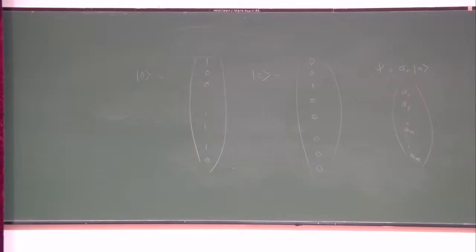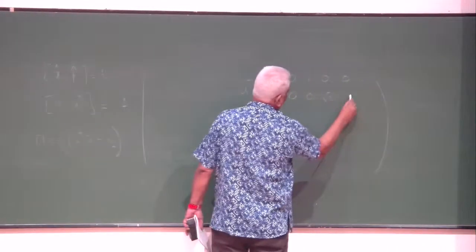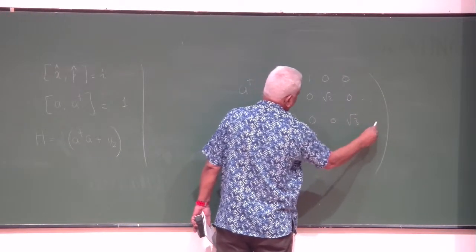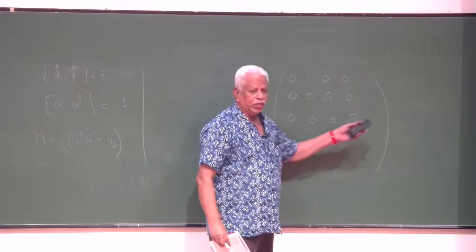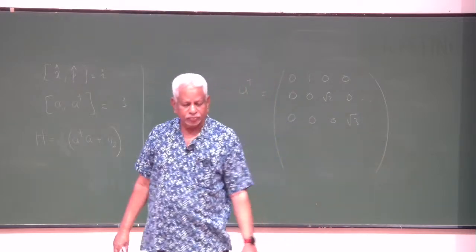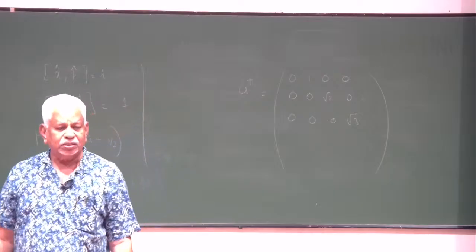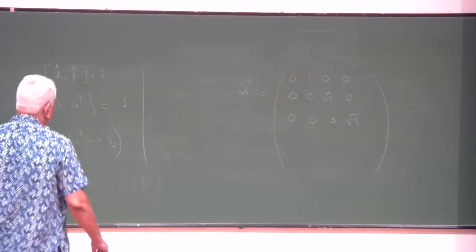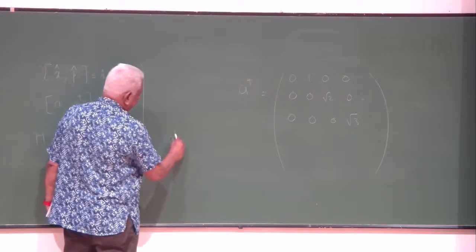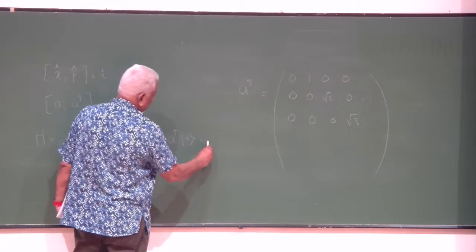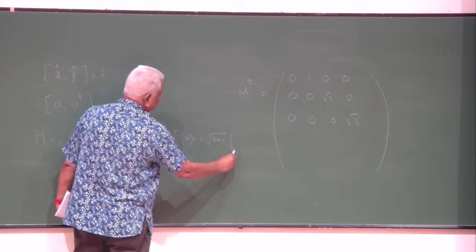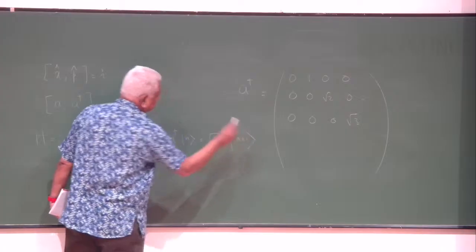That matrix has entries 1, root 2, root 3, root 4, etc. Where do that root 2, root 3, all those things come from? In order to see that, you have to find A dagger acting on n. If you actually work it out, it turns out to be root of n plus 1 times the state n plus 1.